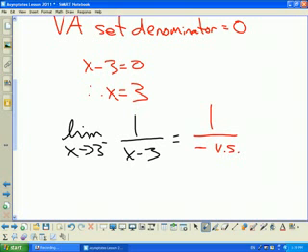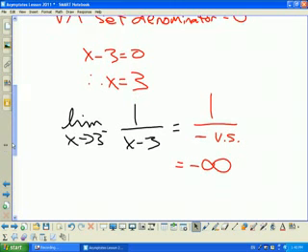Note Mr. Hargraft's unique style, a negative sign in VS. It's not US. The answer is going to be negative infinity. Because 1 divided by a negative number is a negative number, but 1 divided by a very, very small number is a very large number. There we go. There's one-sided limit.